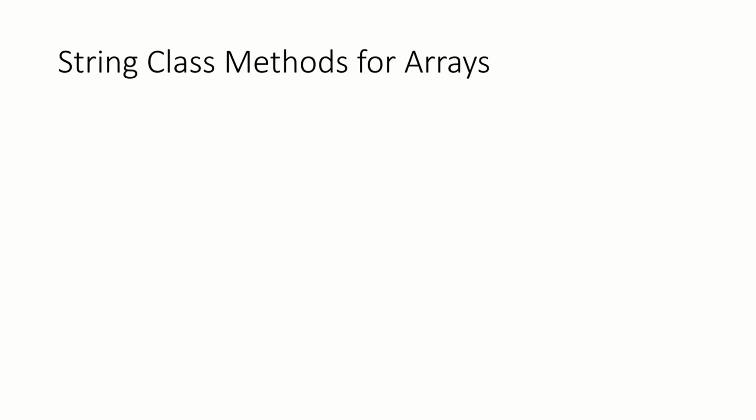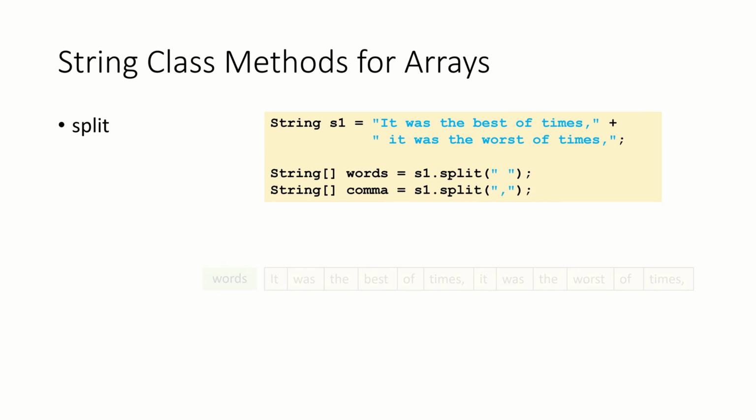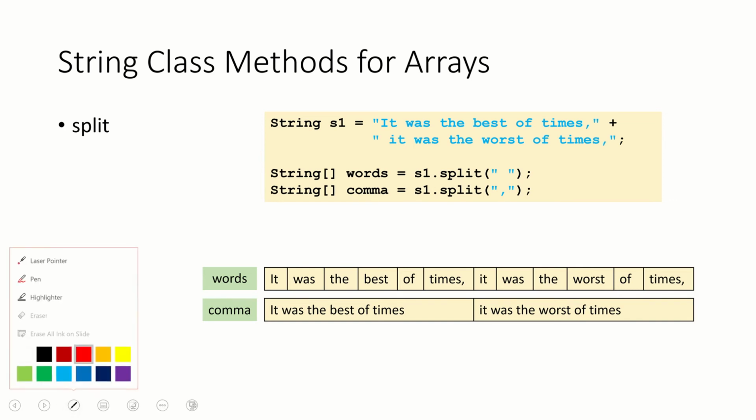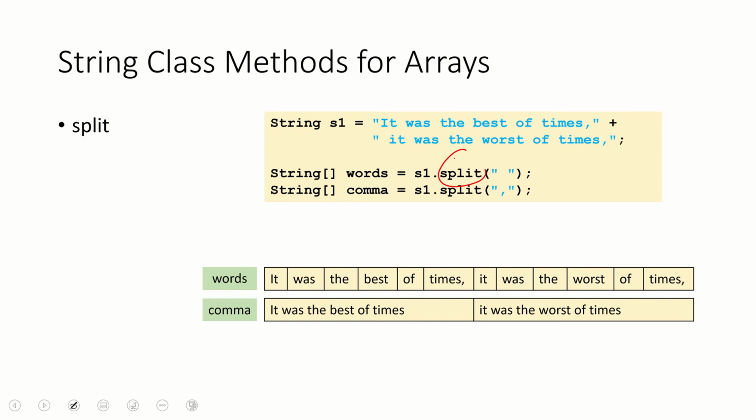Okay, first, in the array, there are two very important methods we didn't talk about. This is split. Split is a method to help you split the words into different elements of an array, based on a token.